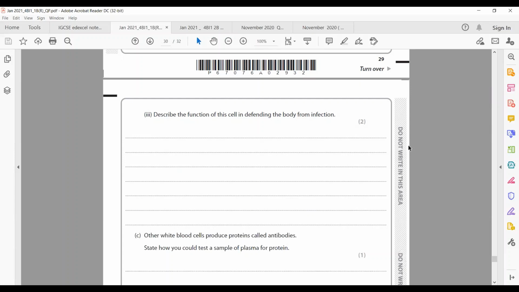So the phagocytes engulf the bacteria or foreign body cells, like foreign bodies that come into the body. Then the lymphocytes. لا بلاش lymphocytes لان دول مش lymphocytes، دول phagocytes, and you said they engulf the bacteria.